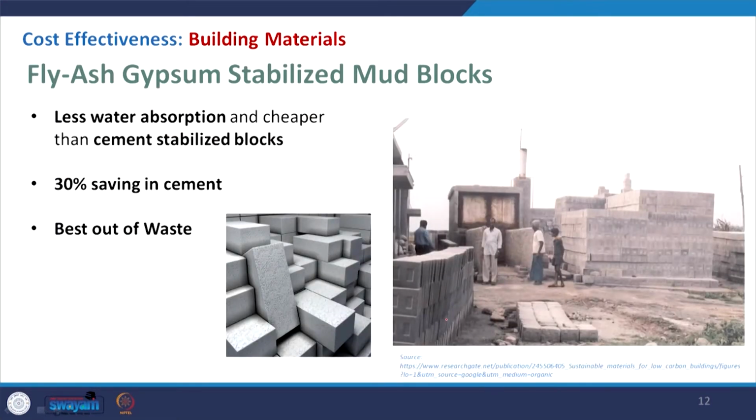Coming to the fly ash, now fly ash is basically industry waste, and in many parts of India they are in practice of using the fly ash. So, less water absorption can be one of the savings in the water industry. Then it is also saving 30% cement, basically waste out of waste.